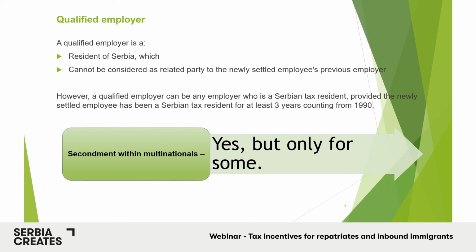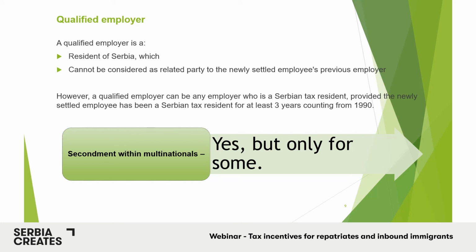Since all incentives are basically a cost to the Serbian taxpayer, these situations have not been seen as warranting an incentive and a contribution, a sacrifice from the Serbian taxpayer, because these secondments would have happened. No talent is being attracted in this situation that would not have been in Serbia anyway.